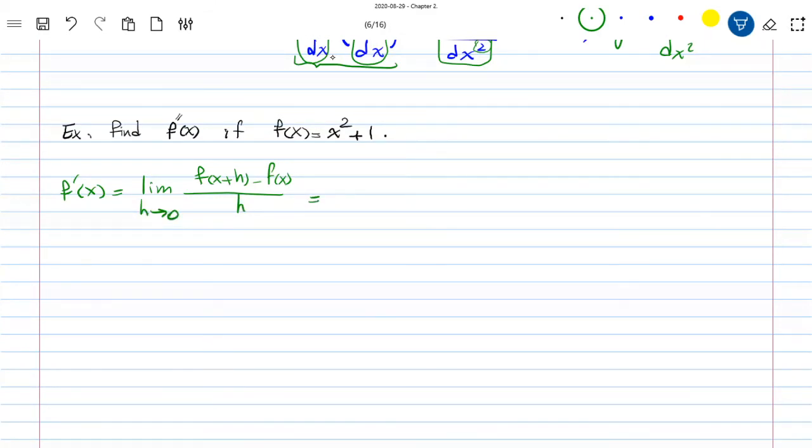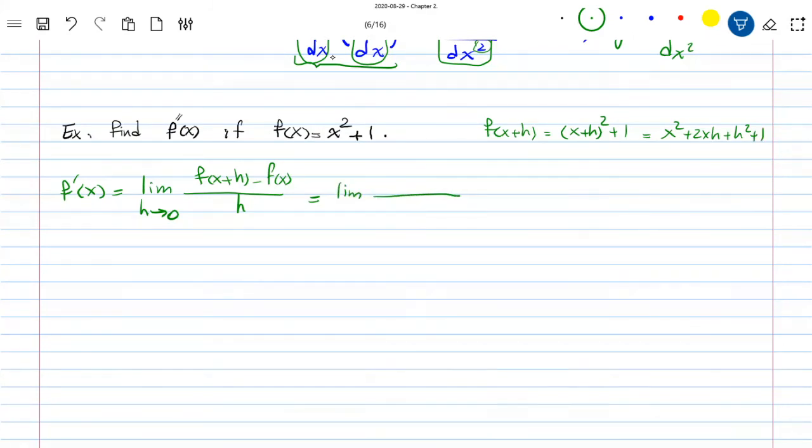So here, let's figure out what f of x plus h is. It's x plus h squared plus 1. In the function f, I replaced x with x plus h. And you can square this. It would be x squared plus 2xh plus h squared plus 1. I hope everyone already knows this.